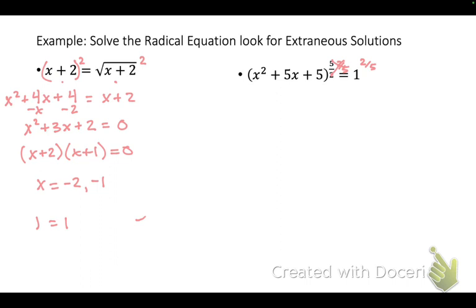So x squared plus 5x plus 5 equals 1. What is 1 to the 2/5? What's 1 squared? 1. What's the 5th root of 1? 1. So 1 to the 2/5 is 1.